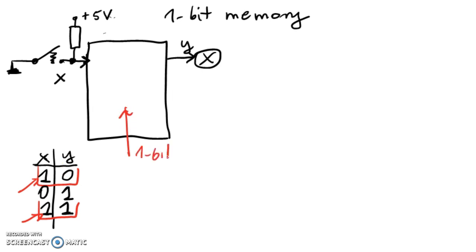In this case, 1-bit memory is enough. In this memory, the event of pressing the button for the first time has been stored. And that's why Y is a function of X and also of this 1-bit memory.